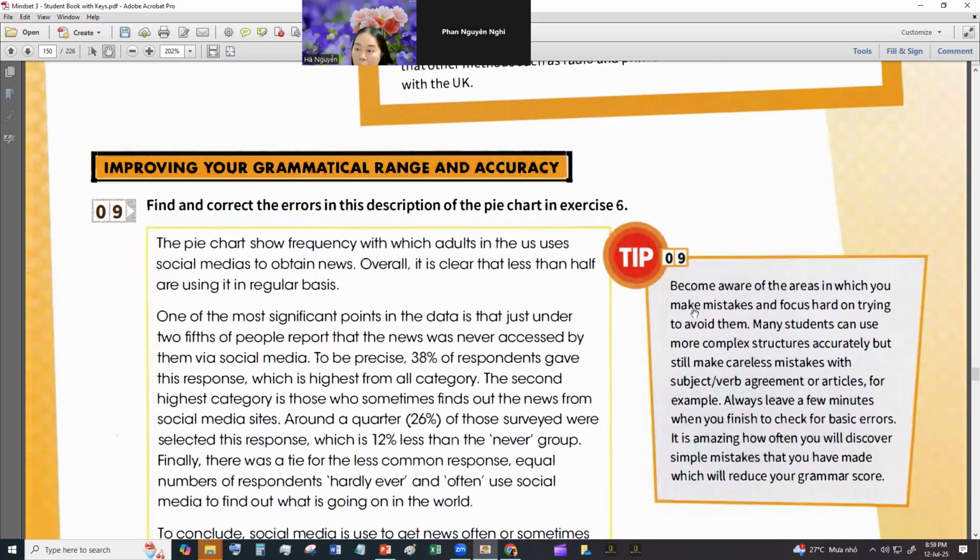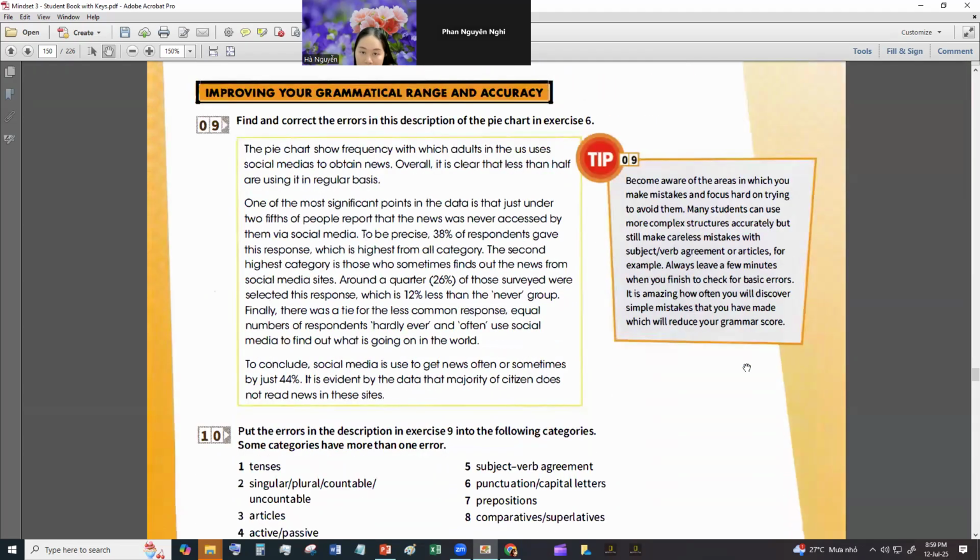Becoming aware of the areas in which you make mistakes and focusing hard on trying to avoid them is essential to improve your GRA score. Always leave a few minutes to analyze your writing, check for errors and correct them. It's amazing how often you discover simple mistakes which can reduce your GRA. However, through simple checking, you can avoid that.